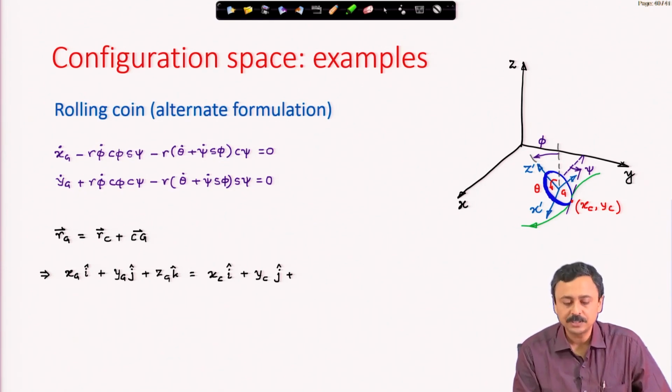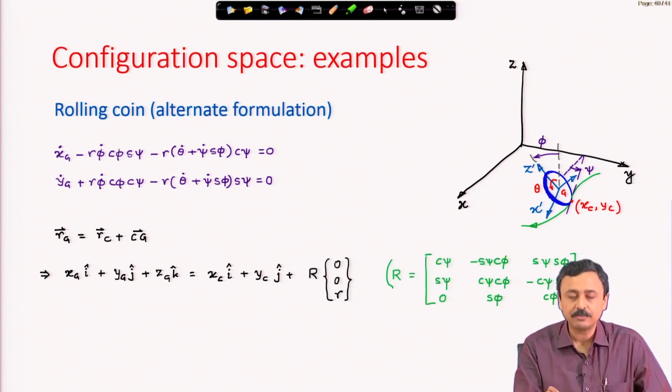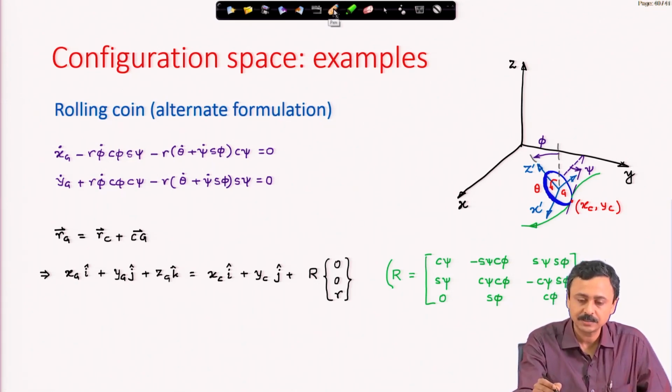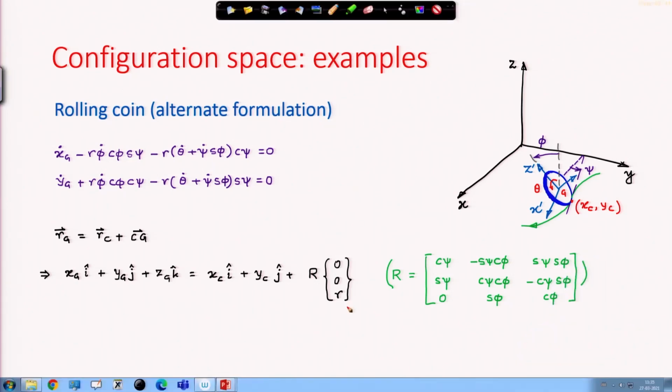Now, how do I represent CG? CG can be represented very conveniently using the rotation matrix. We derived the rotation matrix expression here, which I have written in green. This rotation matrix takes us from the primed frame to the ground fixed frame x, y, z.